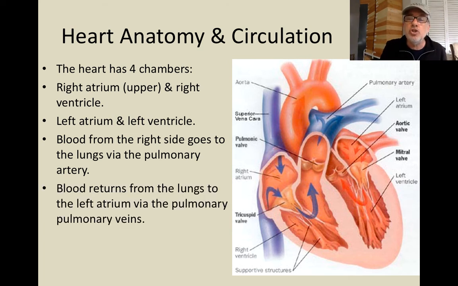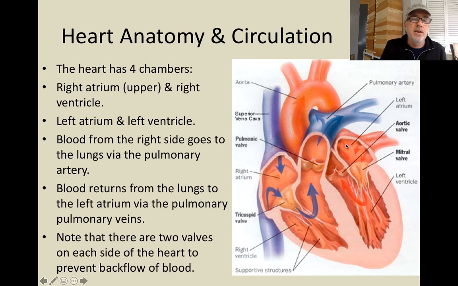Blood returns to the lungs in the pulmonary veins, and they are coming in here, and you can see there are four pulmonary veins dumping their oxygenated blood into the left atrium. Note that there are two valves on each side of the heart. There is a valve right here between the right atrium and the right ventricle, and a valve right here between the right ventricle and the pulmonary artery.